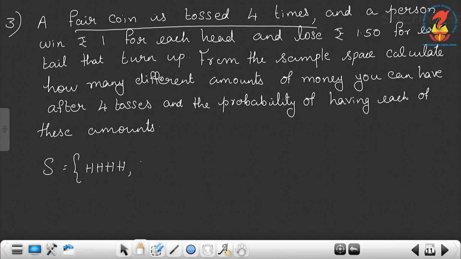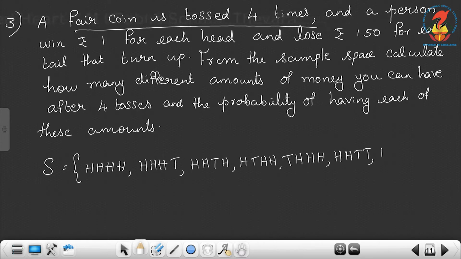4 H, then triple H and 1 T: HHHT, HHTH, HTHH, THHH. Then double H, double T: HHTT, HTTH, THHT, then THTH, HTHT, then double T, double H: TTHH.